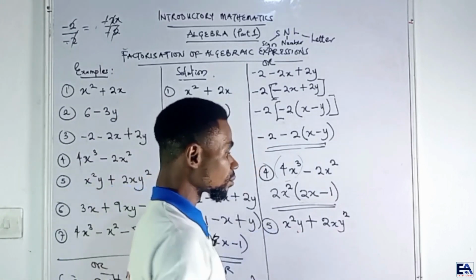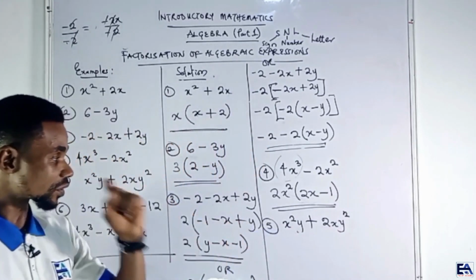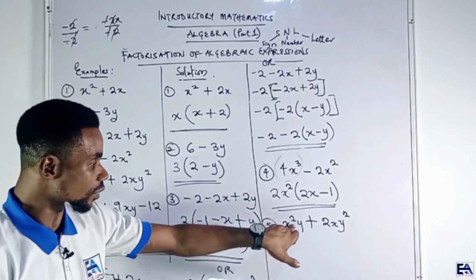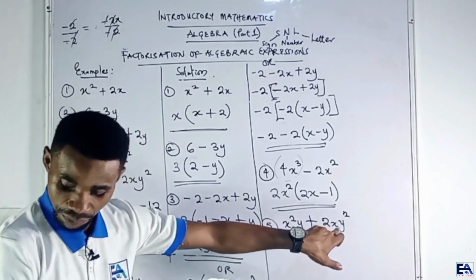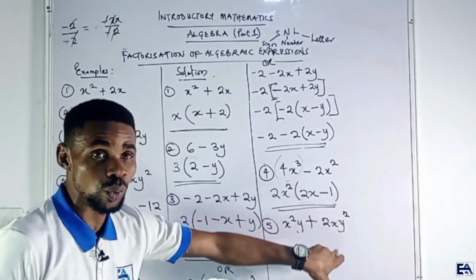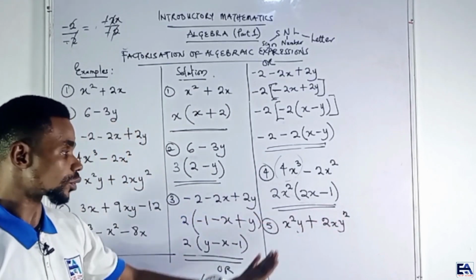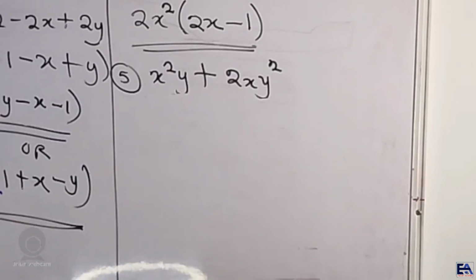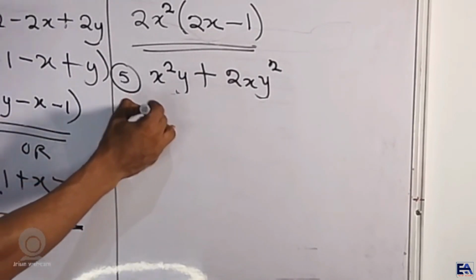But apart from single x and single y, x squared is not common because x squared can go here, but x squared cannot go here because the power is lower than x squared. So you cannot divide. So let's go for the highest letters that can divide, which are x and y. So we have xy.